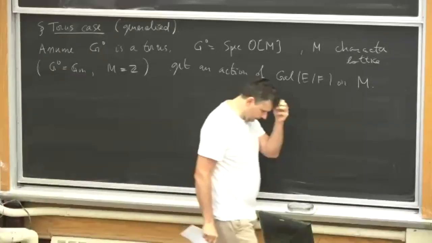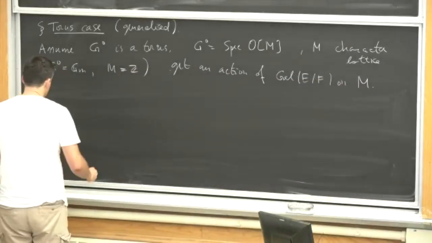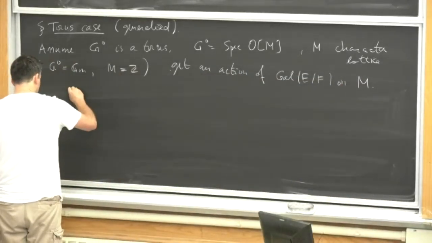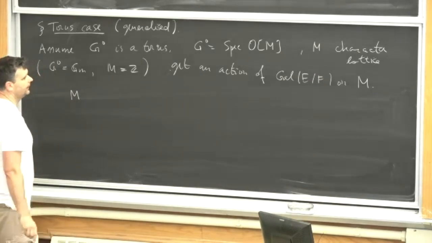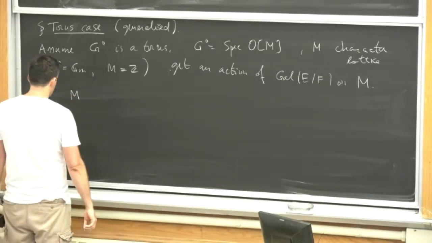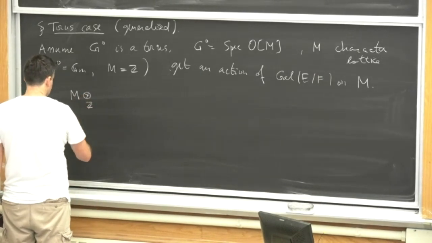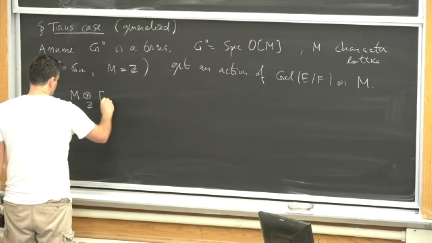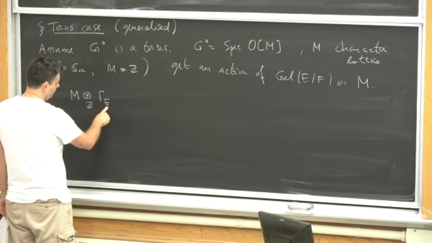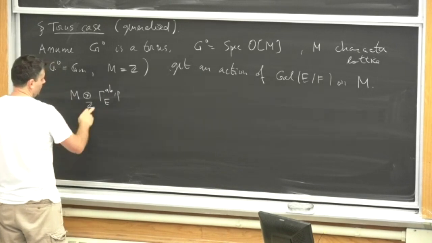So what comes in there is the following gadget. So we take this module M, some finite free module over Z. We tensor over Z with the absolute Galois group of E, take abelianization and maximal pro-p quotient.